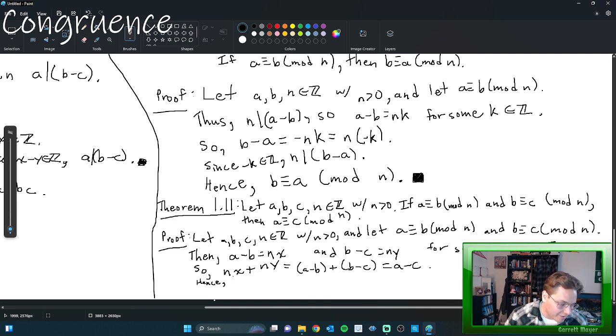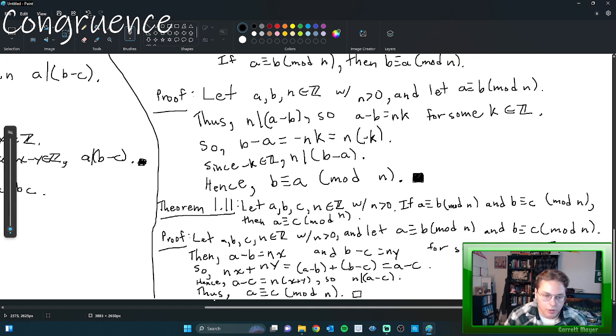Hence, A minus C equals n times (x plus y). So, since x plus y is an integer, n divides A minus C. Thus, A is congruent to C mod n.